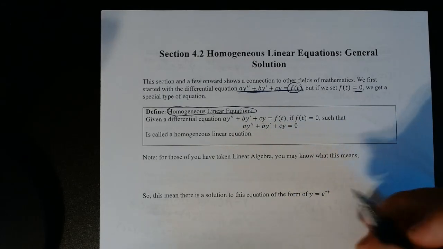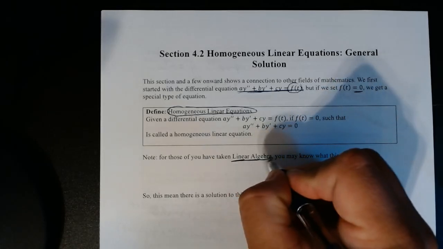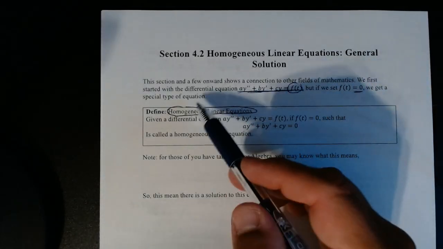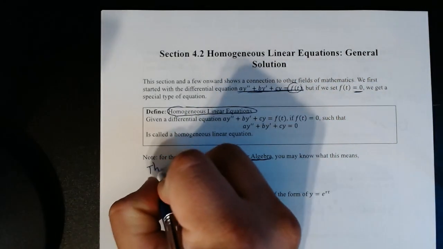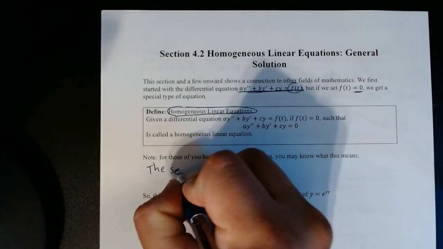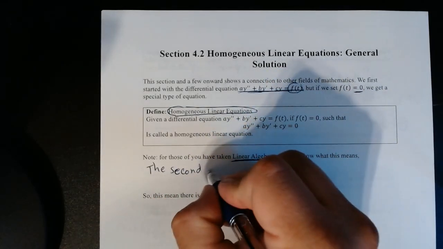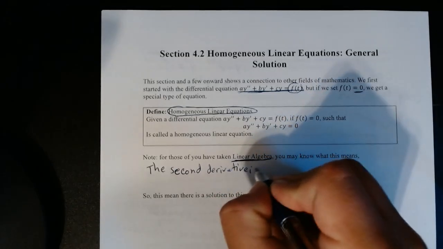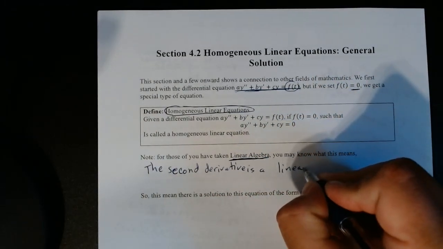A little bit of backtracking. If you've had experience taking linear algebra, you understand what it represents to be homogeneous. Based off this order, the second derivative is a linear combination of the other two.